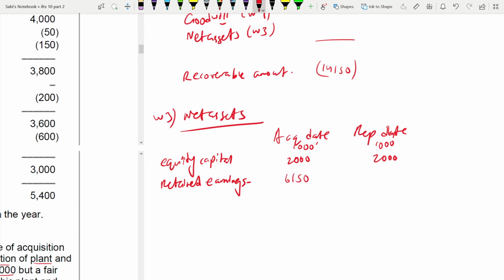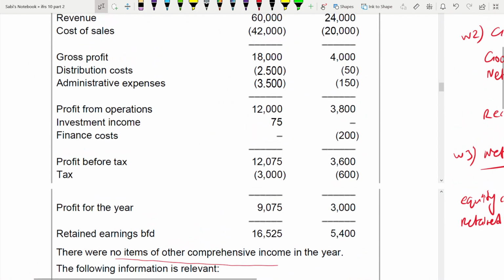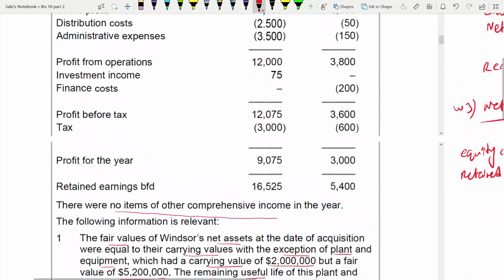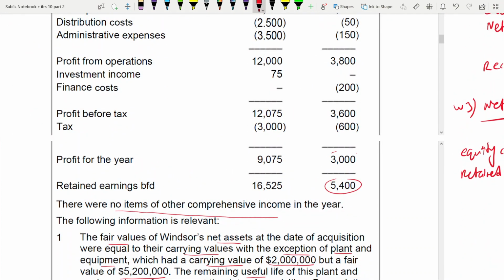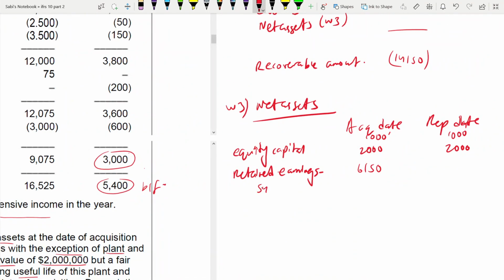But what about the reporting date? Here you have to look at Windsor, don't look at Tudor. You have been given the retained earnings. With this you have to add the profit for the year. This is the brought forward balance, and with that you have to add the profit, 3,000. So 5,400 plus 3,000 will give you 8,400. That is your reporting date retained earnings.